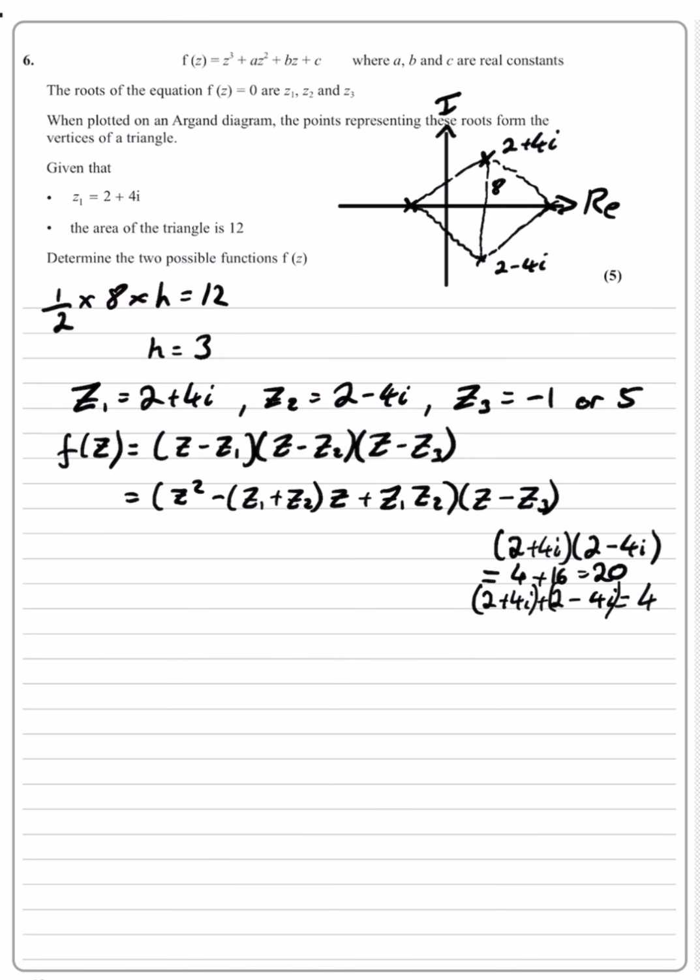Okay, so we can substitute those into our function f of x now. So it will be z squared subtract 4 lots of z plus 20 times by z subtract our third root.